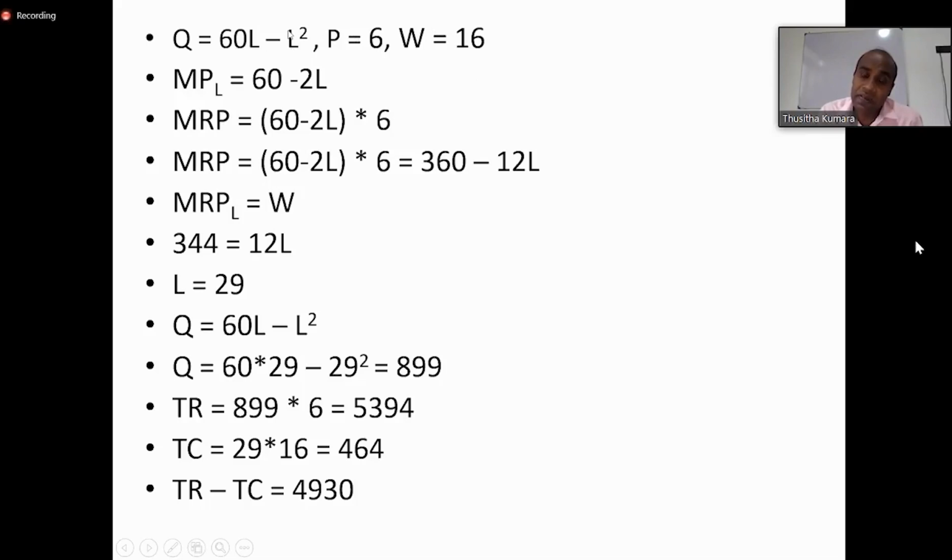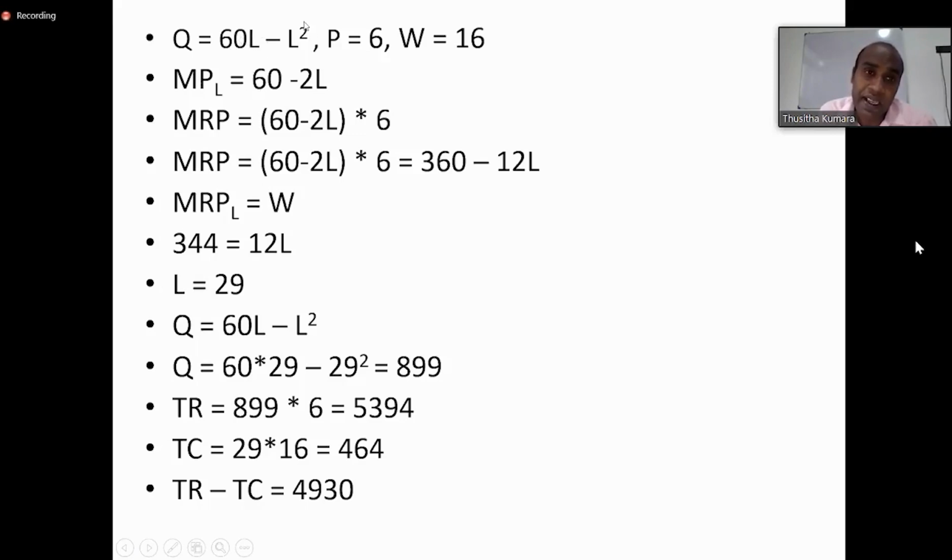First we need to get the marginal product of labor, because it is not given directly, but it can be calculated from the production function with the derivative. MPL equals 60, because L is to the power 1, so 1 minus 1 gives L to the power 0, equal to 1, so 60 multiplied by 1 is 60.